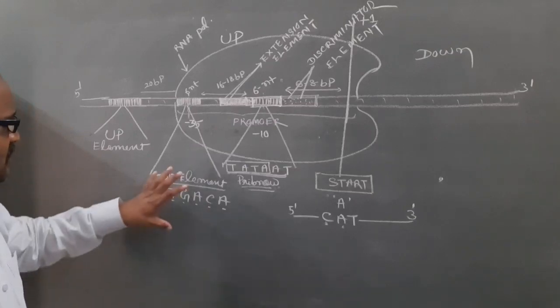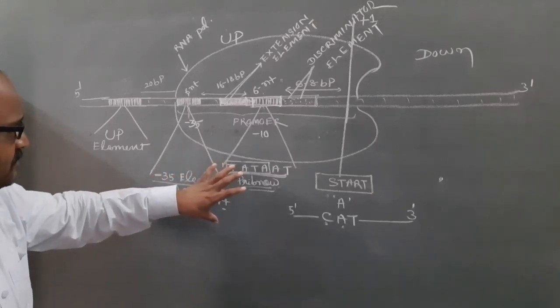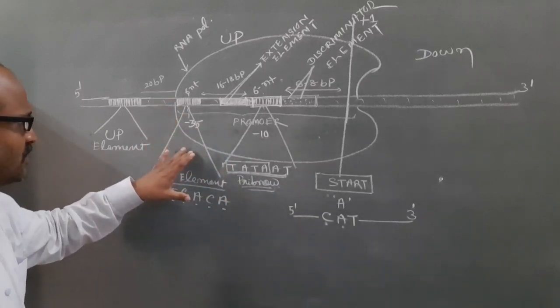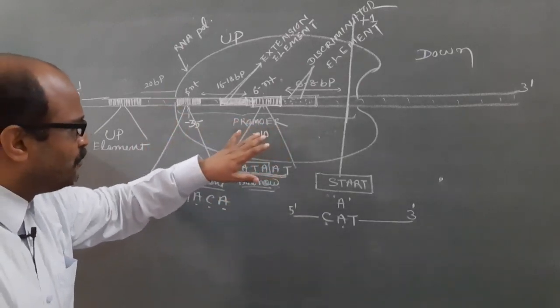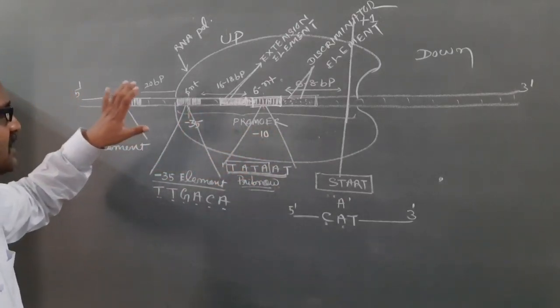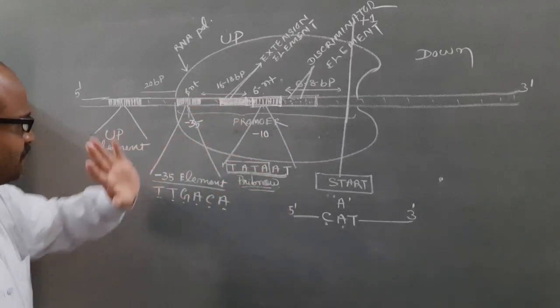So the sequences determine the stronger and the weak promoter, and different components also contribute to the efficiency of the promoter.